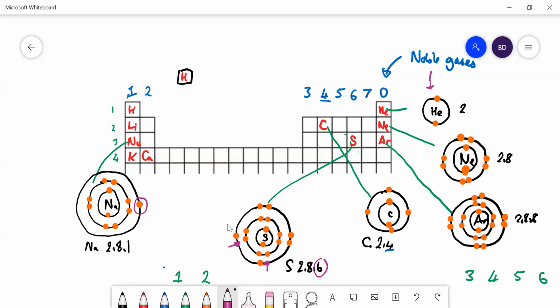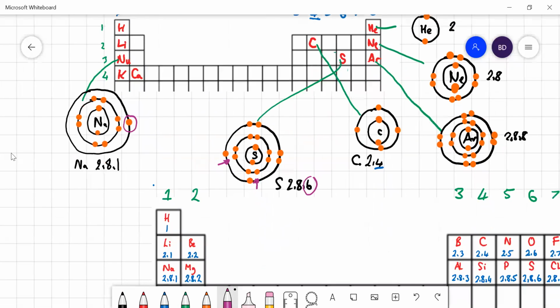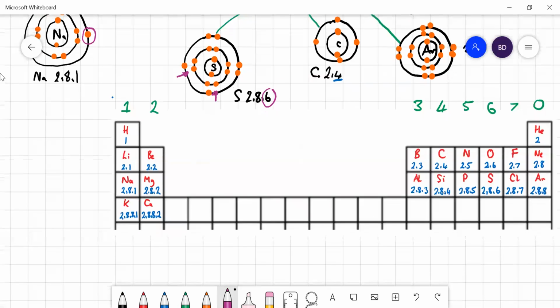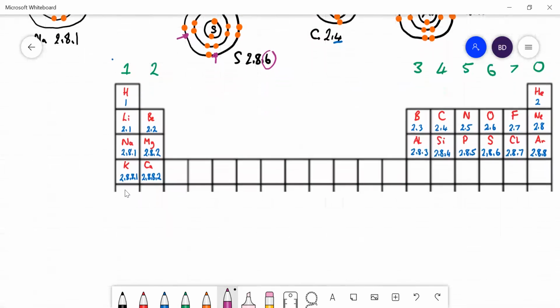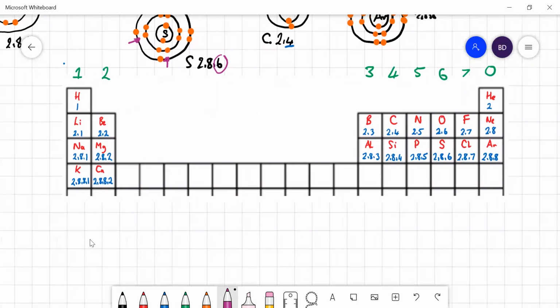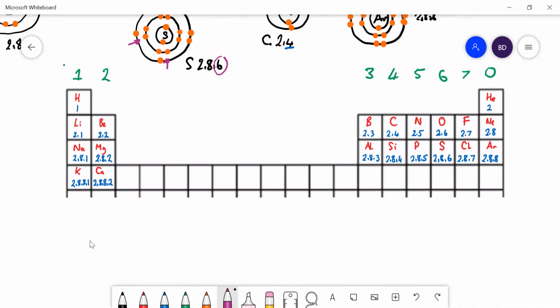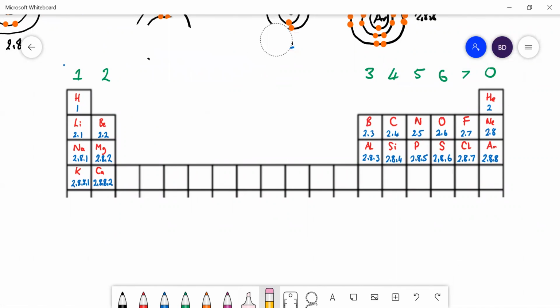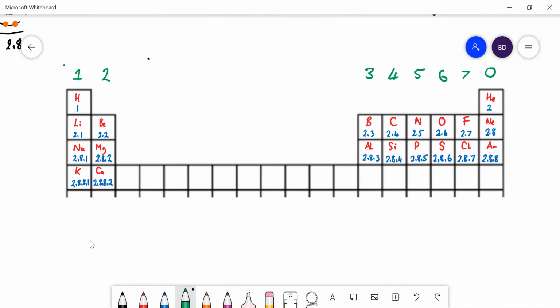Okay, so before we finish the video, let's just see the whole of the periodic table that we need to know there. So I've drawn it there, so it's not distracting us. I think we'll get rid of this stuff here. So you can see in group 1 here, we shouldn't really have hydrogen in there, so I'll do a box around that.